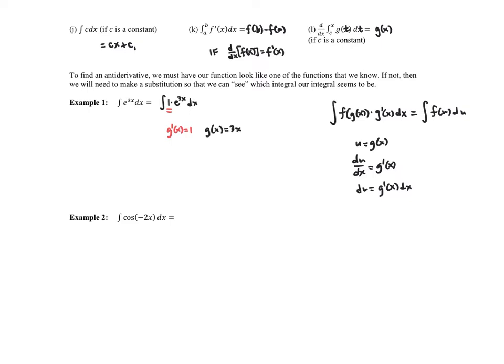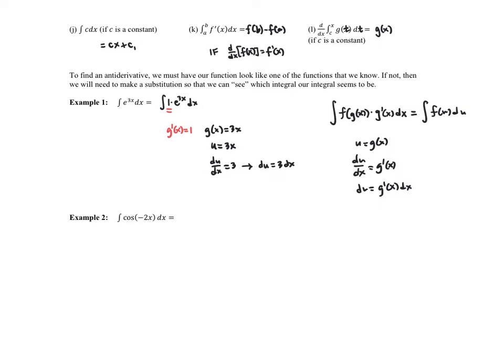Now, those are closely related. The derivative of g of x is actually 3, it's not 1, but you'll see how this aligns in a moment. So I'm going to set u equal to 3x. Therefore, du dx is going to equal 3, so I can write that du is equal to 3 dx.